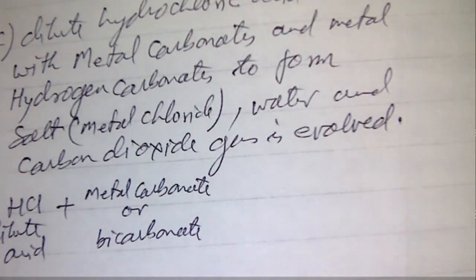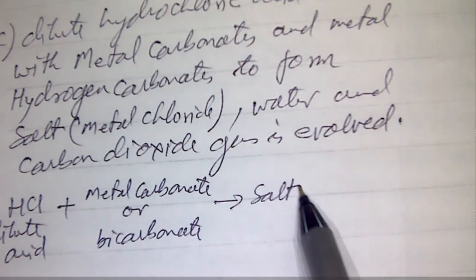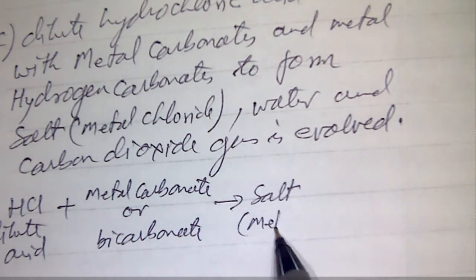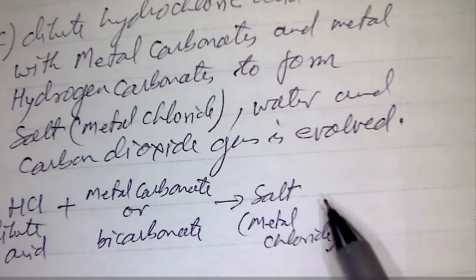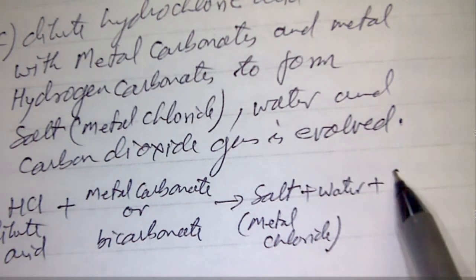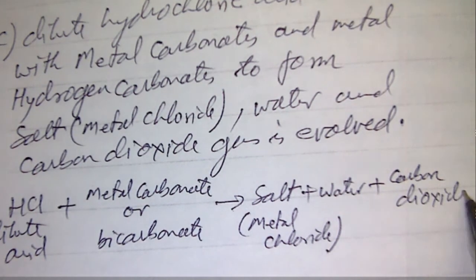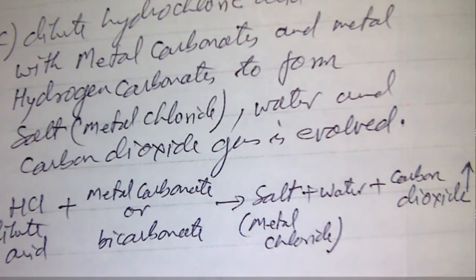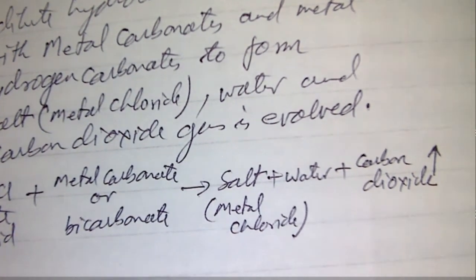So metal carbonate or bicarbonate, what will it form? Salt, that is again metal chloride. Along with this you'll get water and carbon dioxide gas is given out. This is a gas that will be given out. In the previous case, hydrogen was given out. Now carbon dioxide gas is given out.